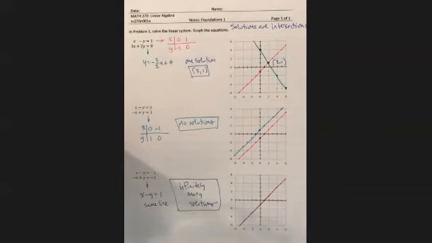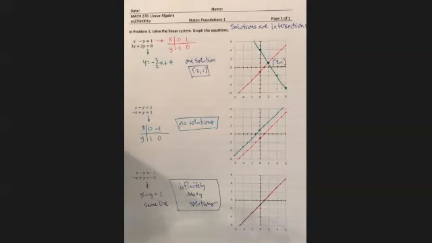Any questions? The reason that we went over these three examples, even though they are about as small as we're going to see for a linear system, is that these three examples cover all the things that can happen.